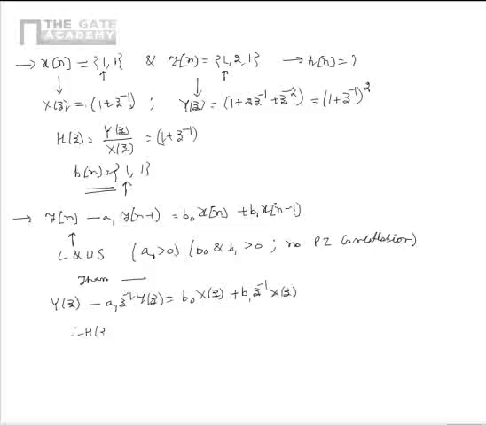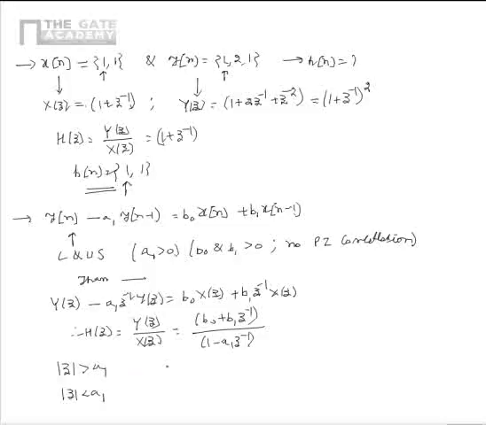Therefore, the system function of the LTI system becomes h of z is equal to y of z by x of z is equal to b0 plus b1 z inverse divided by 1 minus a1 z inverse. From this, we see that the possible ROCs are mod z greater than mod a1 and mod z less than a1. Please note that a1 is positive.